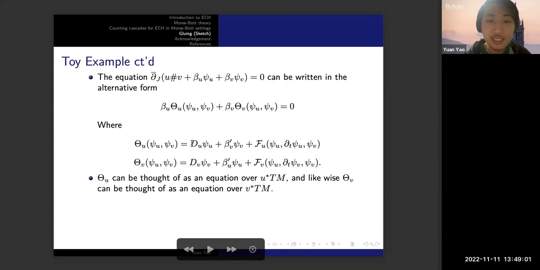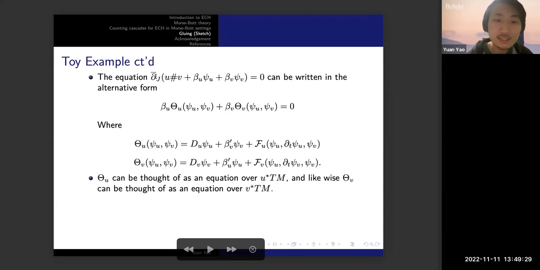It's basically the linearized Cauchy-Riemann operator applied to psi U plus some cross terms with psi V plus some nonlinear terms. And same thing with theta V. It's the linearized Cauchy-Riemann operator along V applied to psi V plus some cross terms plus some nonlinear terms. So theta U should be thought of as an equation over the cylinder U, and theta V as an equation over V.